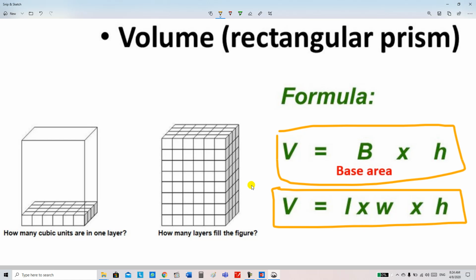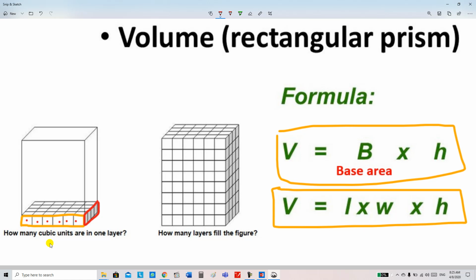And we studied before that base area equals length times width. So if we have here the length, and the width is just here, we have this length equal 1, 2, 3, 4, 5, 6.